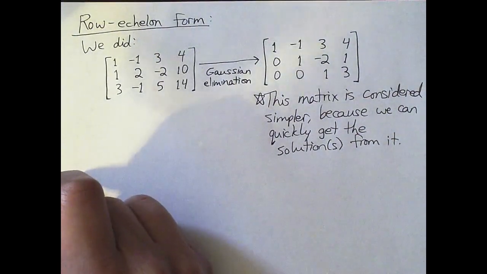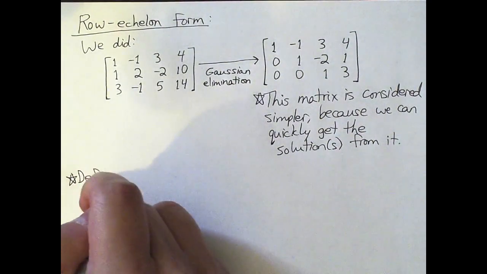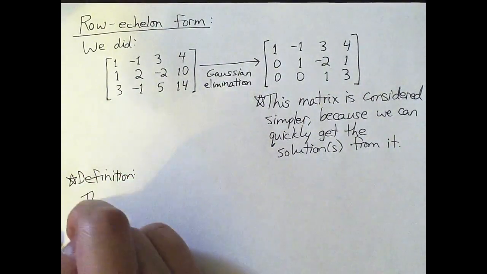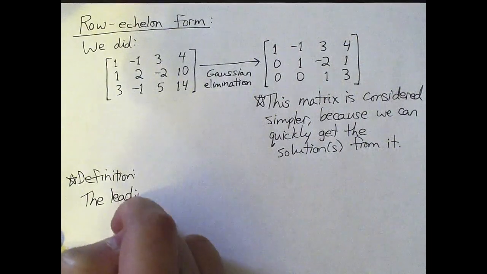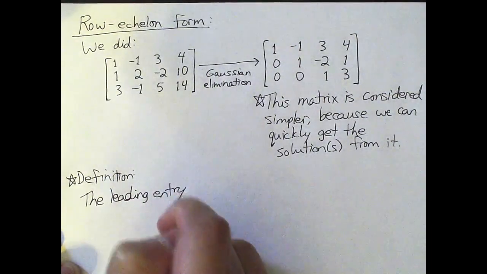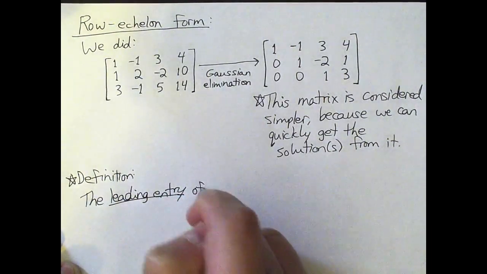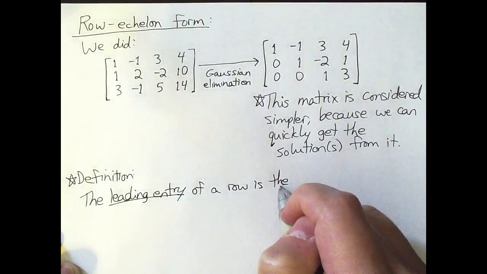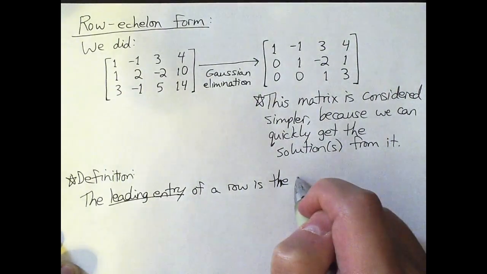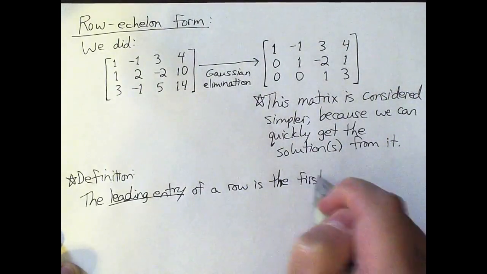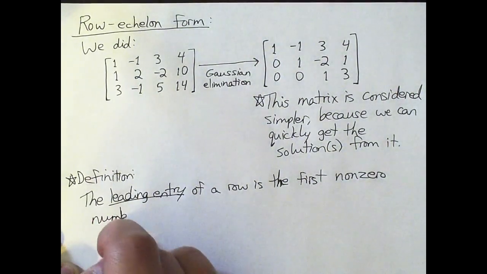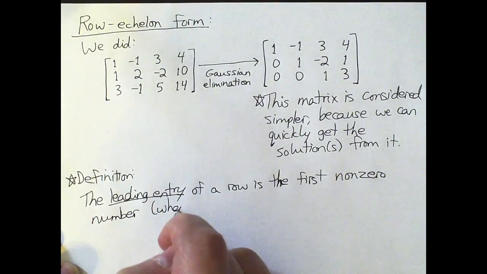Here, I have a definition for you. Definition: the leading entry of a row is the first non-zero number when reading from left to right.